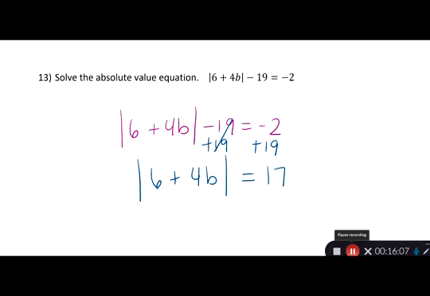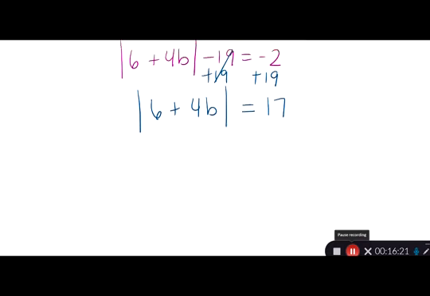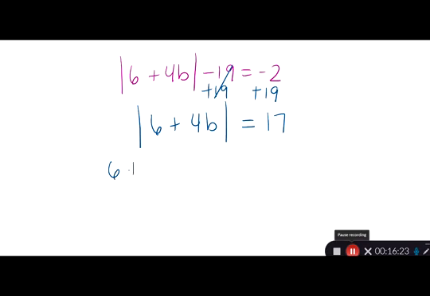Also, not to be confused, my answers, my b, could be a negative number, and that's okay. I just cannot get the actual absolute value equals a negative number because that would imply a negative distance, and that's not okay. So, now we have to go to 6 + 4b = 17, or 6 + 4b = -17, because the nature of the absolute value says that if I put 4 in the absolute value, it gives me 4.